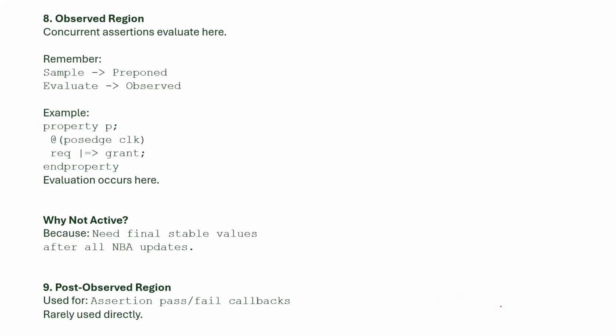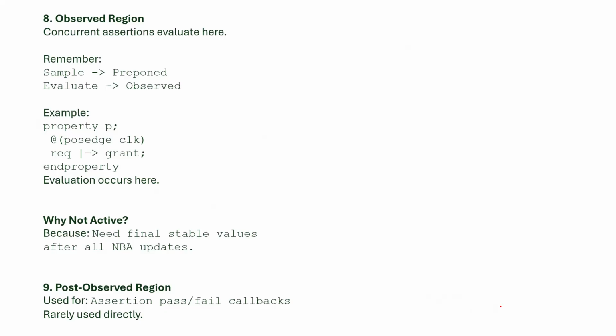And the observed region. Previously, in the preponed region, the concurrent assertions are sampled. So the evaluation of assertions, the sampling, will be done in your preponed region. Sampling those values, we will be seeing the outputs.